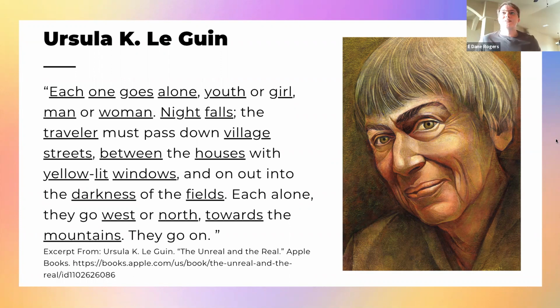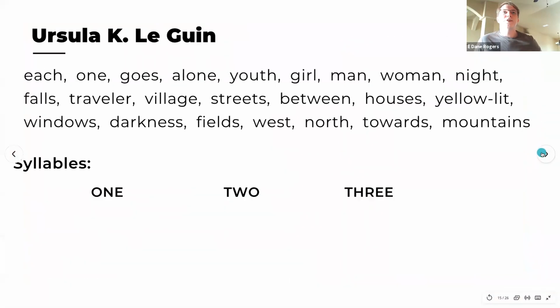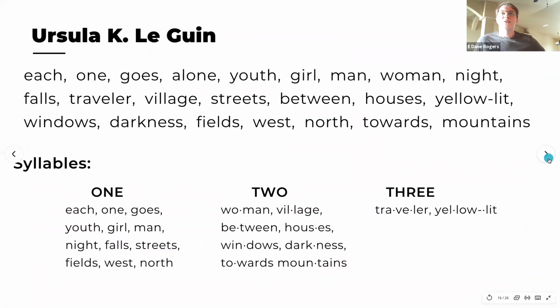All right, so let's just confirm what we've got. We had "each one goes alone", da da da da da. Notice how many are one or two syllable words. And this has more to do with her writing style. She wants it to be choppy. She doesn't want it to sound complicated.